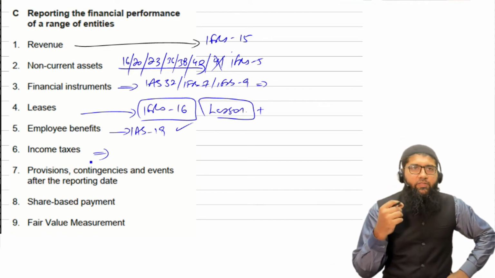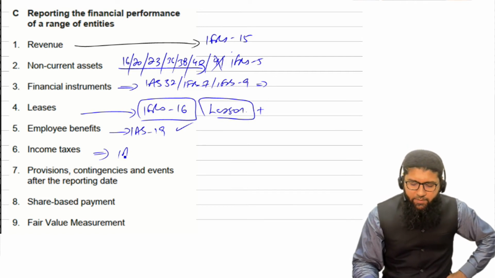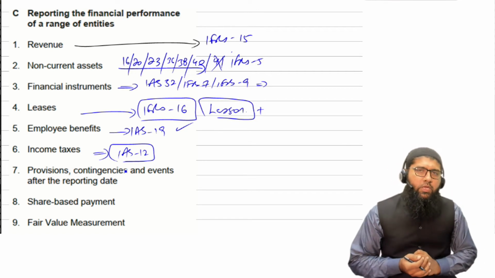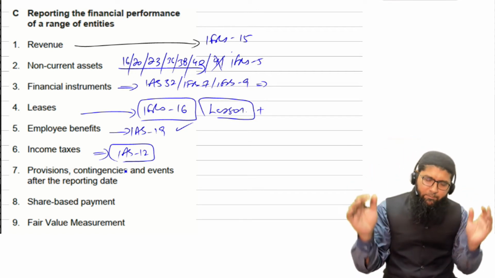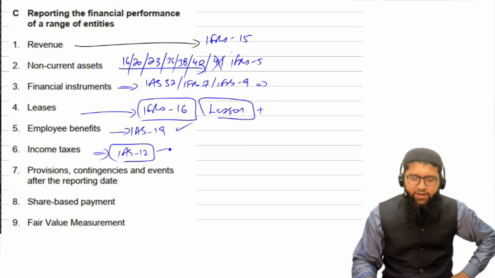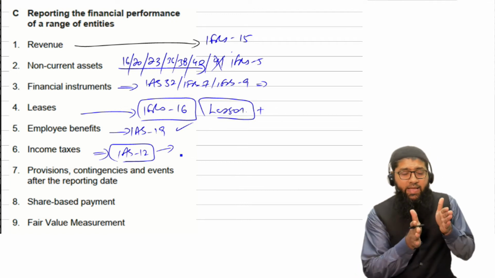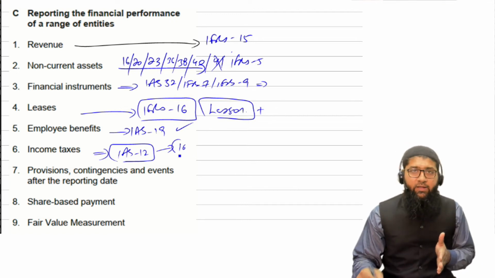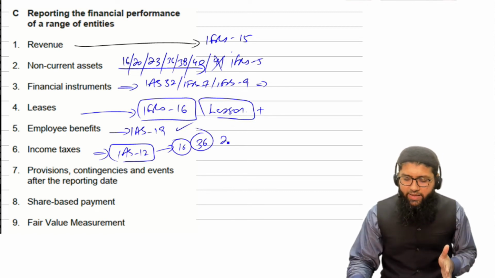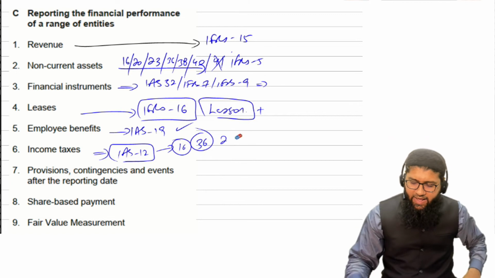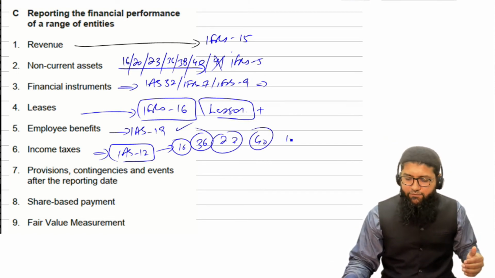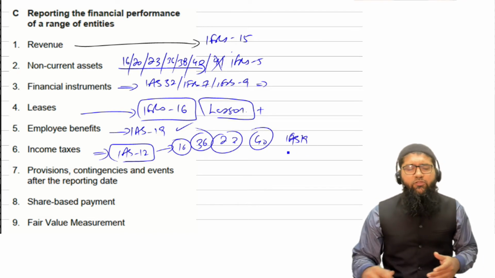Then you've got income taxes. Now, IAS 12 covers income taxes. We do discuss it at FR level, but that's very, very small. So at the SBR level, IAS 12 is completely examinable. There's going to be integration between IAS 12 and the different accounting standards: how IAS 12 and IAS 16 interact, how IAS 12 and IAS 36 interact, how IAS 12 and IAS 23 interact, then IAS 12 and IAS 40, IAS 12 and IAS 19, and so on and so forth.